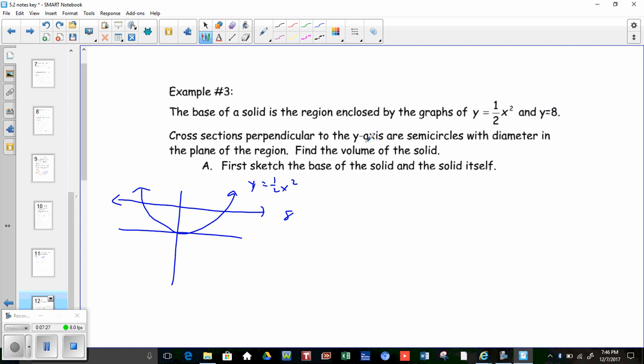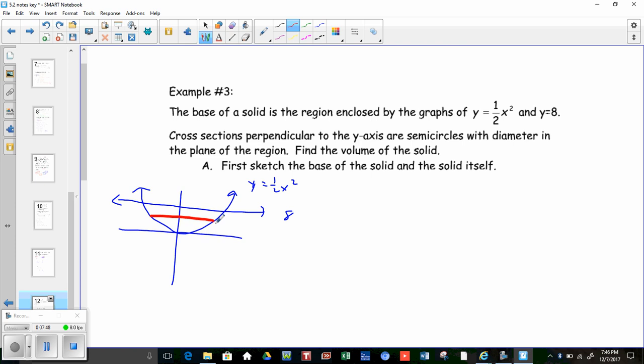Cross sections perpendicular to the y-axis look like that, and they are semicircles with the diameter in the plane of the region. So this whole thing right here is the base. That's the diameter of the semicircle.